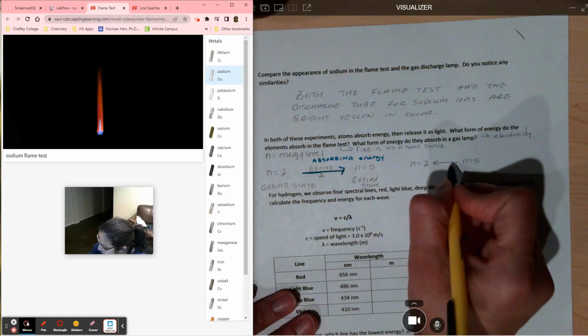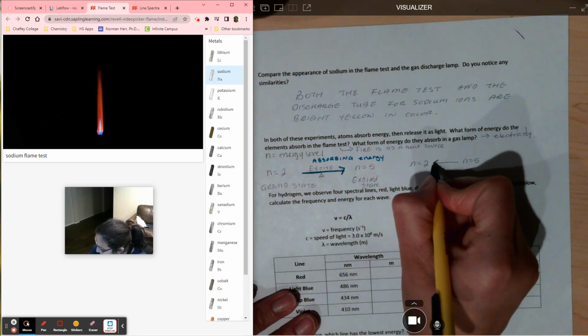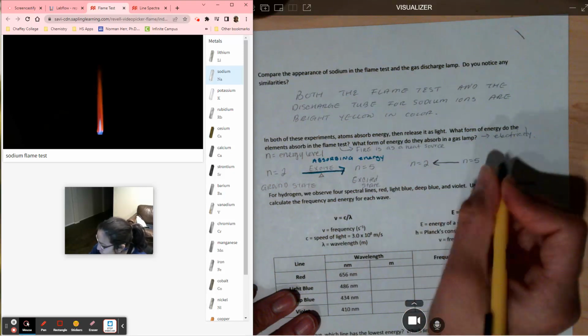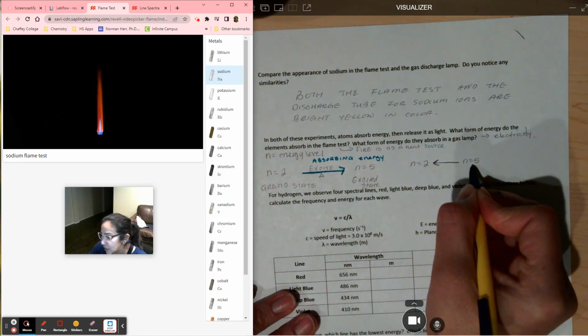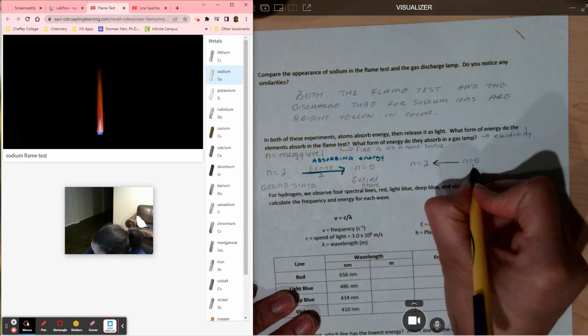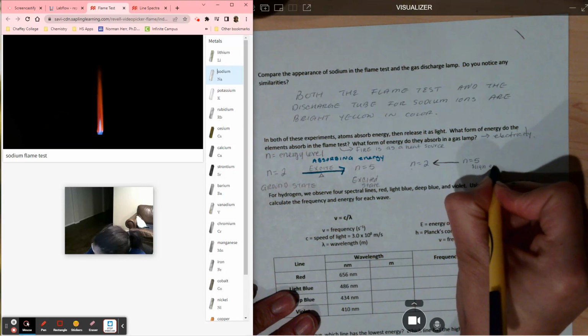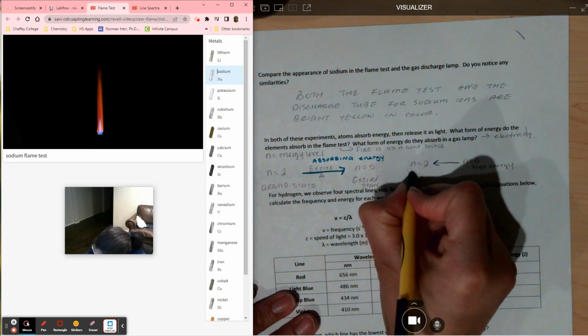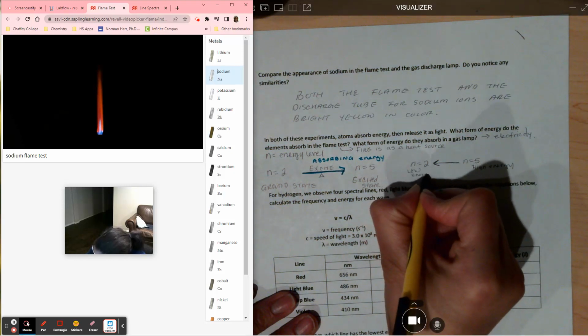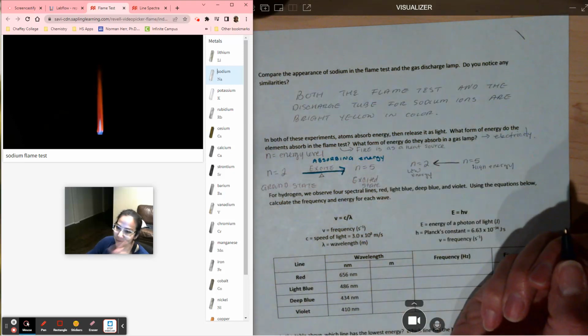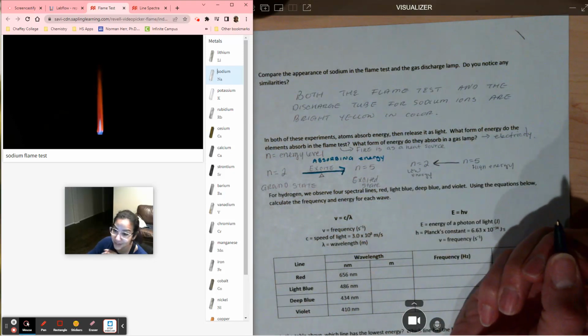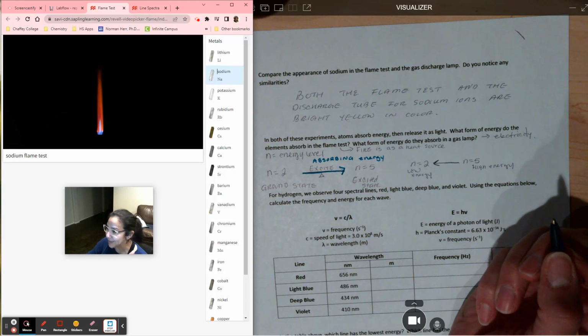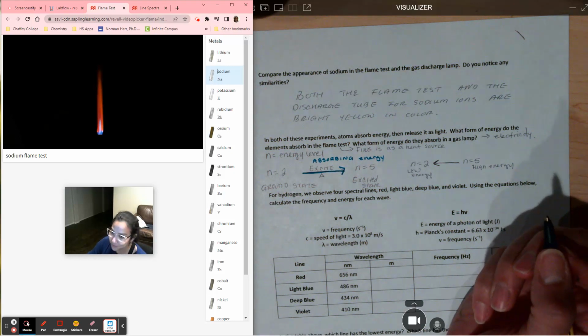All right, so this part right here is going backwards. It's going from a high energy state to a low energy state. So this is a high energy, and this is low energy. So what does that mean? Yep, sugar crash. All right, it's done. It was like, whoo, I had so much, now I need to fall asleep.